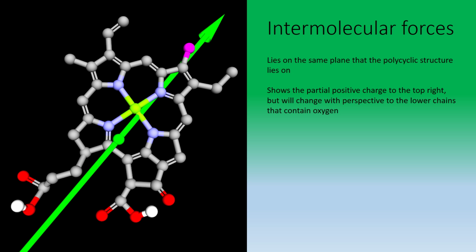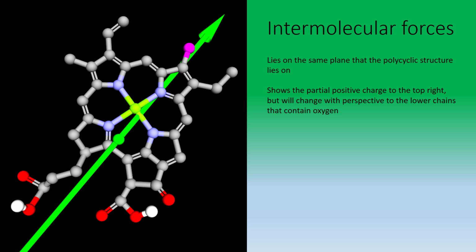So the dipole moments only lie on the same plane as the molecule. However, the exception to that is the long chain of carbons that will be skewing the dipole moment depending on which direction they are oriented.